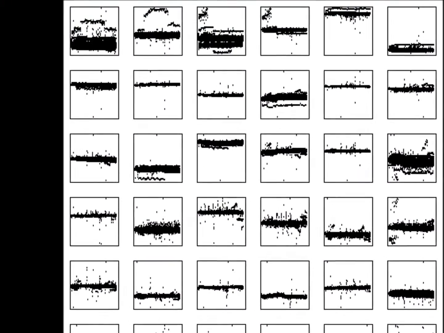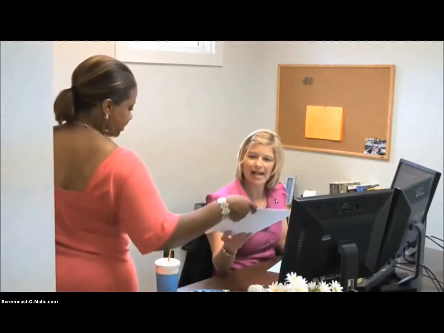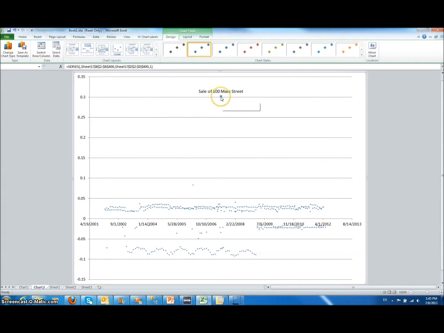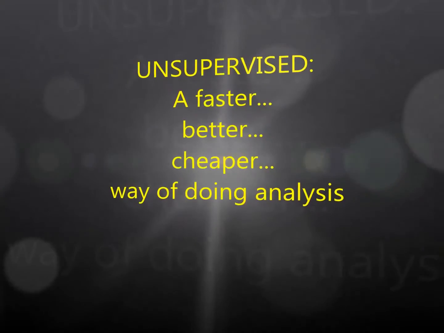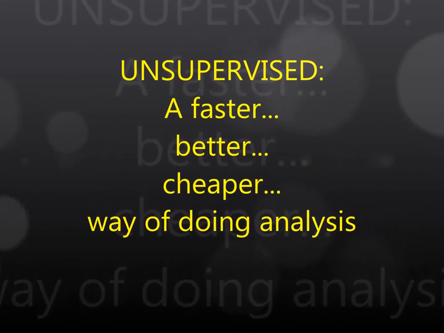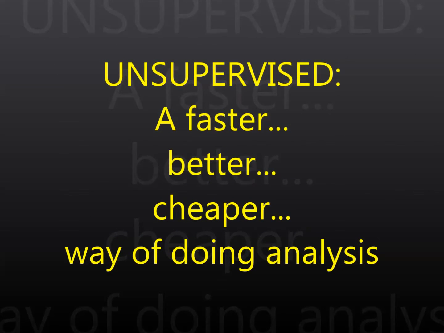The patterns and anomalies are then presented to a human auditor who can use judgment as it should be used to read the output and use it to decide what to ask the client about. And this is the essence of unsupervised techniques. We don't have to guide the computer every step of the way.